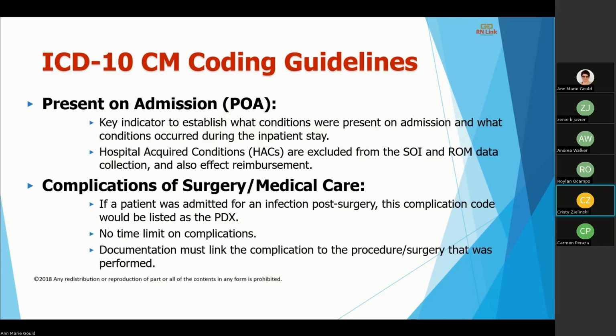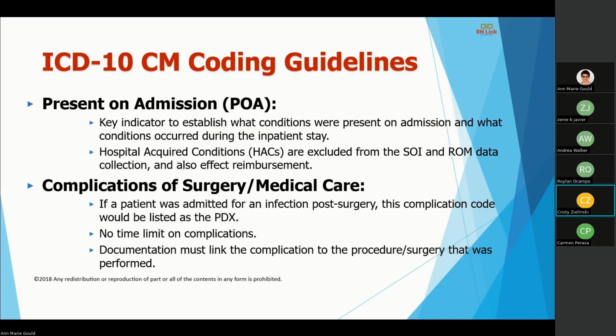Another thing is the respiratory failure. Let's say the patient came with a CHF, right? So the patient's having shortness of breath. If the patient also has a renal failure, they're doing dialysis. And the third day, the doctor will write acute respiratory failure. So you want to check, was this present on admission?